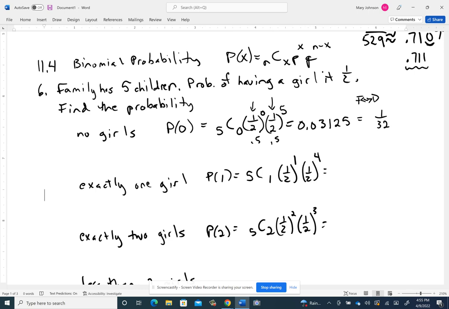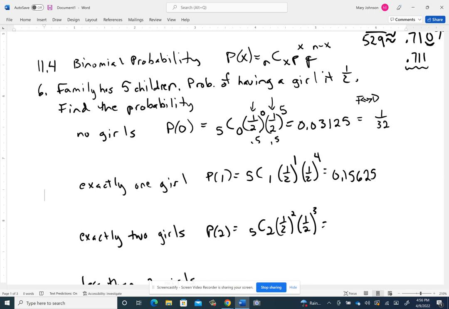Okay, so we're going to do 5 choose 1. And let me just keep the 1/2 in there this time. To the first times 1/2 to the 4th. And either use your fraction key or use division to do that. So as a decimal, if you did it as a decimal, it would be this without rounding.